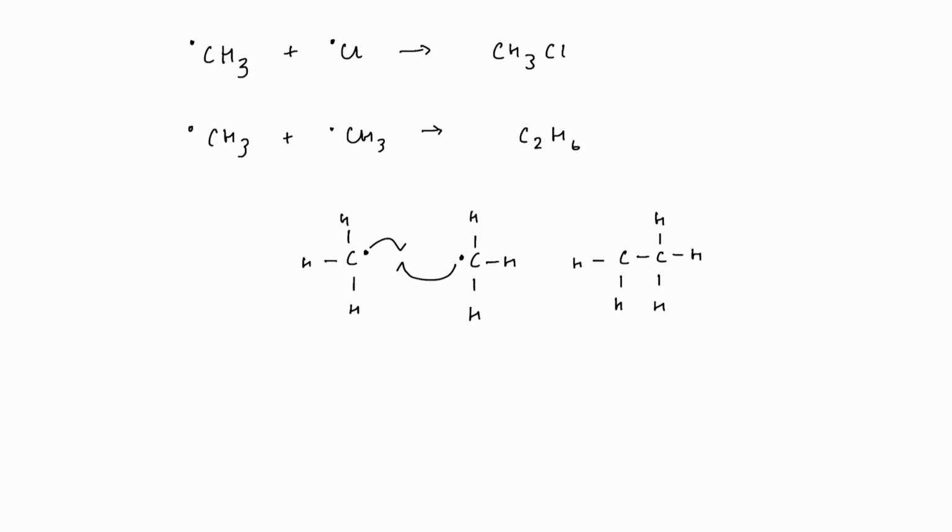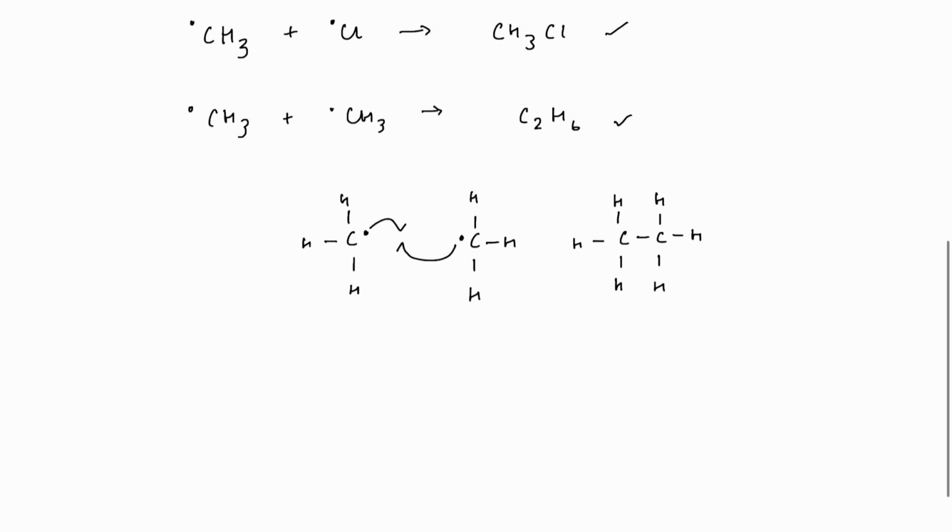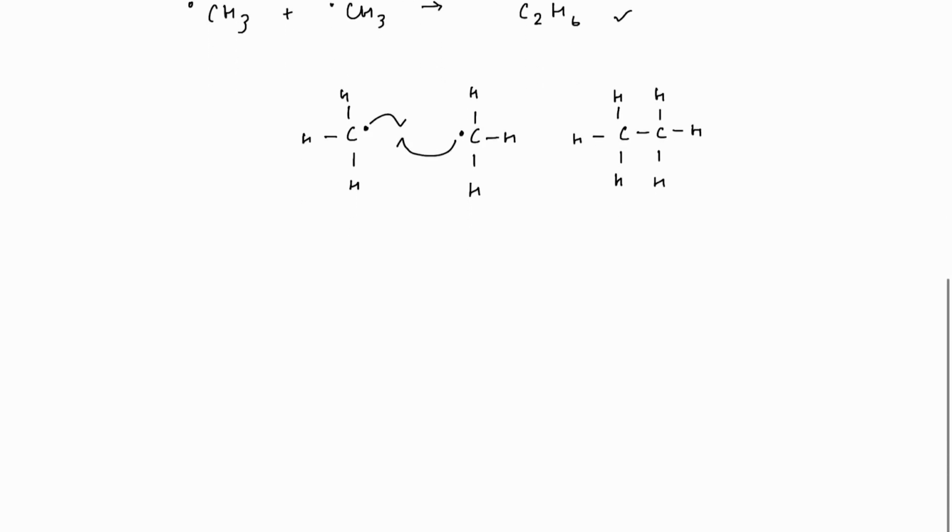I hope you can see that in radical substitution reactions we end up with a whole variety of products. Firstly, because we've got different types of termination reactions, but also because our propagation product, chloromethane, can undergo further substitution.